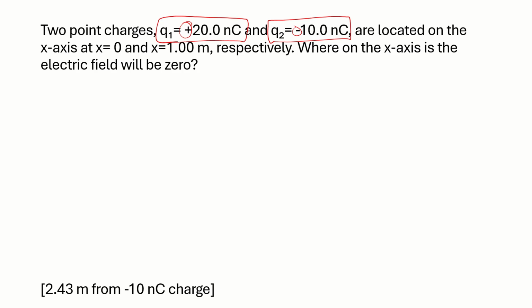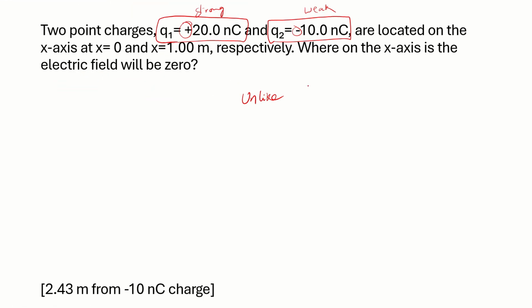They are unlike charges, and one is strong, another is weak. For unlike charges, the point is outside the two charges, x distance away from the weaker one.